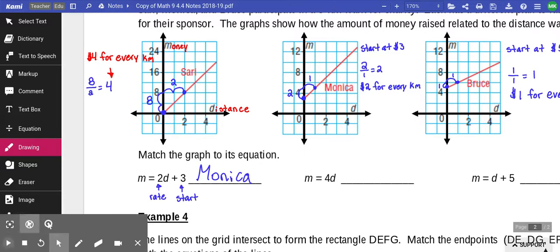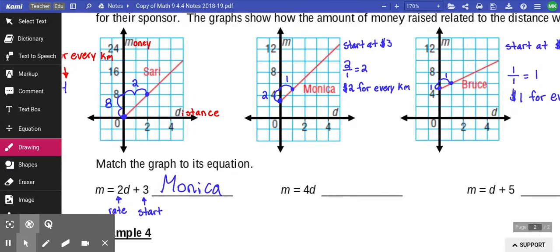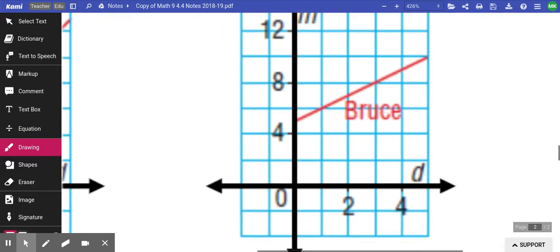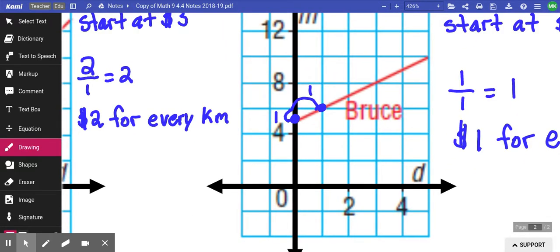Let's look at Bruce's, for instance, because that one's probably the hardest one to do on the y-axis. When you get graphs like Bruce's, where it doesn't go up by 1, that makes it hard.